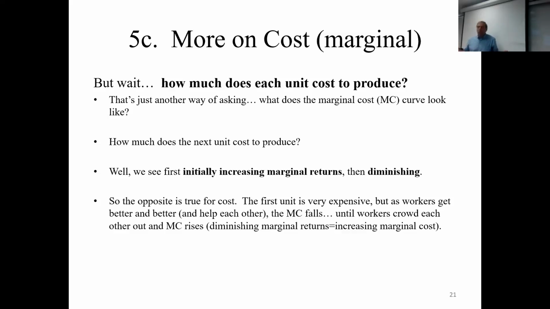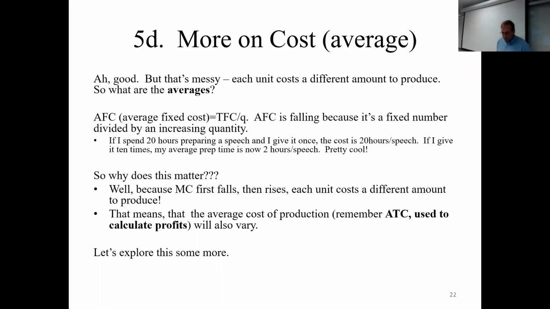That is, as you add more and more workers, what is the cost per unit looking like? Sneak preview: initially increasing marginal returns, then diminishing. Flip that on its side, that means you have initially diminishing marginal cost. As your workers get more and more efficient, it's going to be cheaper and cheaper to produce one more unit, and then it's going to get more expensive. We'll graph it in a moment. Just wanted to go through it verbally.